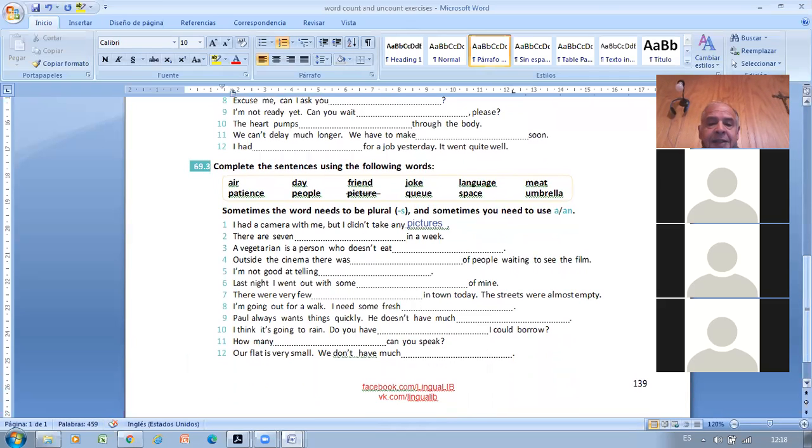And the final part, it says complete the sentences using the following words. Stop me if you don't understand, all right? The words: air, day, friend, joke, language, meet, patience, people, picture, queue, space, umbrella. Do you know all the words? Is it clear for you?